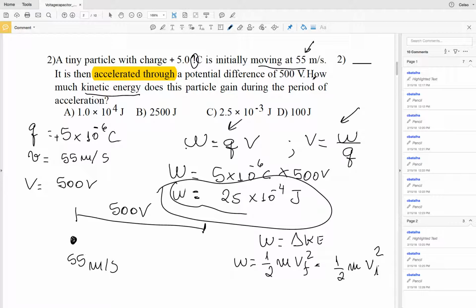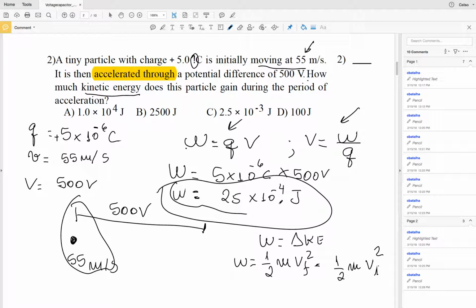But see, if it is being asked how much kinetic energy does this particle gain, so how much more kinetic energy is going to be gained in addition to what it had before, because it had some kinetic energy and it's going to gain something else. So what it gains is pretty much 25 times 10 to minus 4 joules. This is what this particle will be gaining.